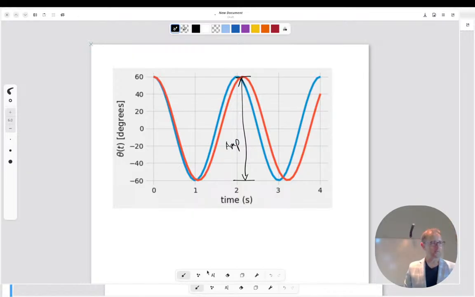Amplitude. Where's the period? Well, that's the distance between the peaks, right? Distance between peaks. So from here to here versus here to there. Catching up.